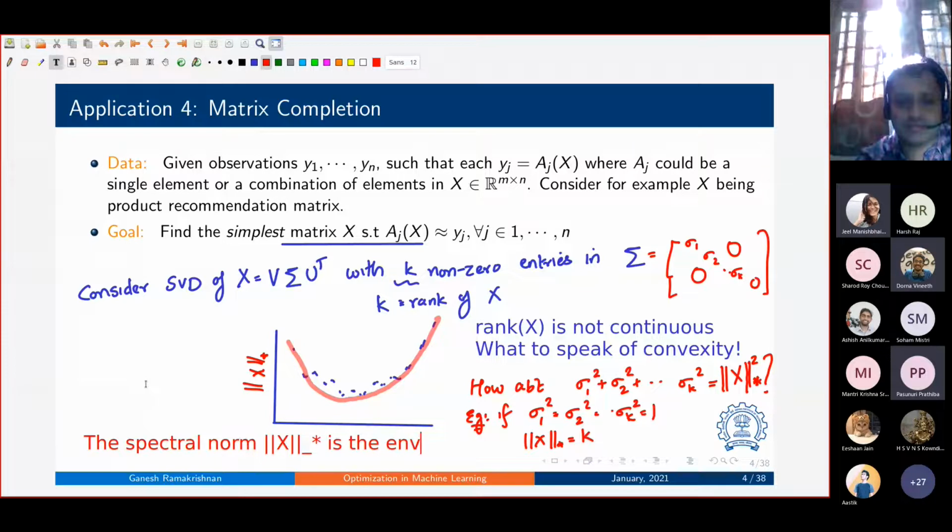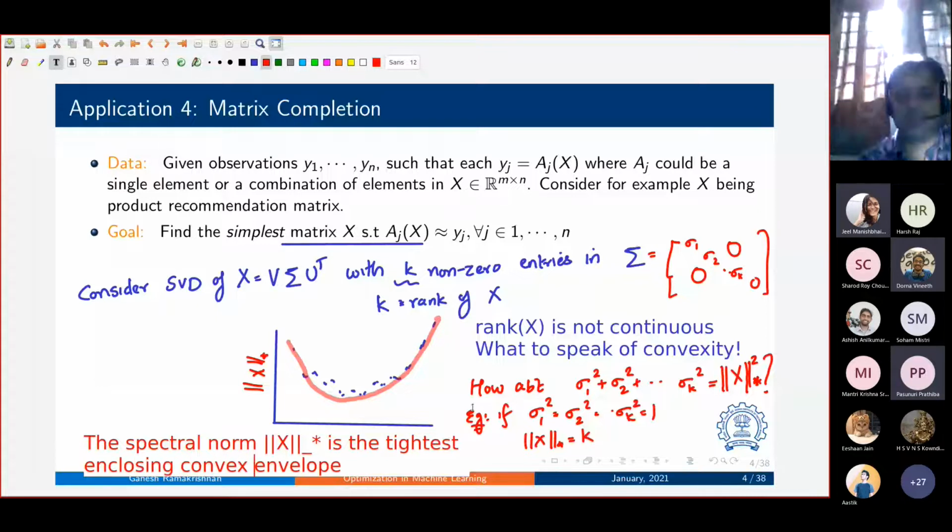What are we plotting it against? What is on the x-axis? Actually, think of the x-axis as different values. Across matrices, we are now basically looking at different matrices X. So the envelope is the tightest enclosing convex envelope for the rank.